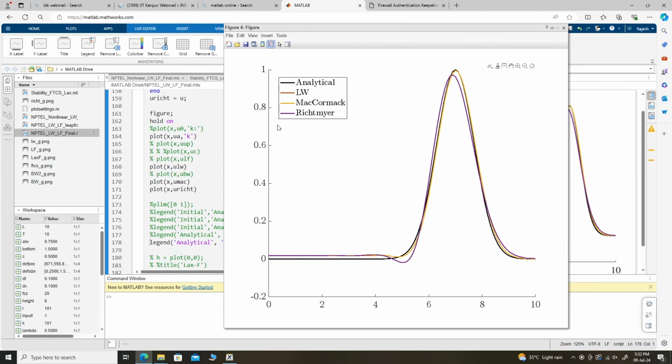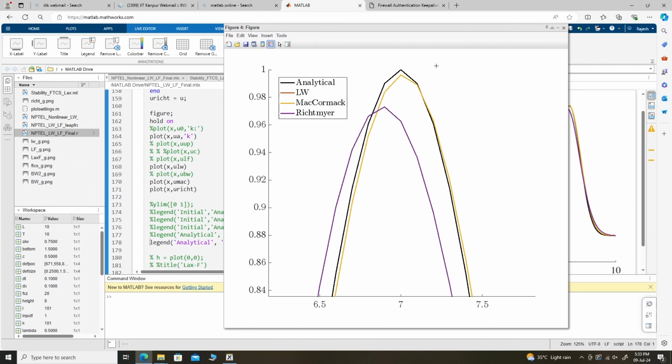Here you can see that your McCormack and the Lax-Wendroff are actually on top of each other. That is why you cannot see the Lax-Wendroff. If I blow this up, I can probably show it to you, and the Richtmyer is this scheme. This is slightly different from the Lax-Wendroff.